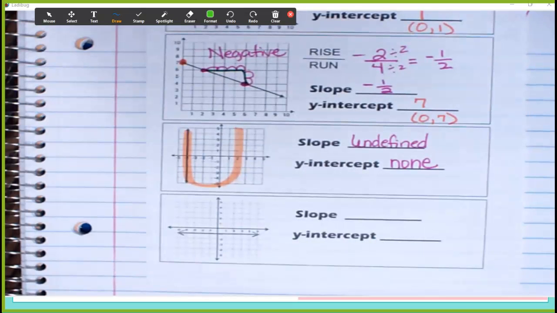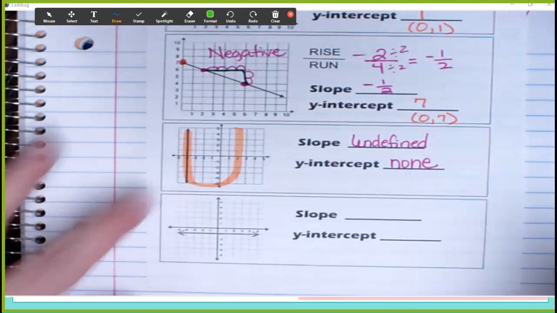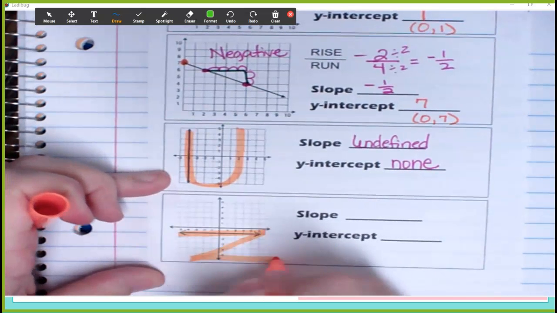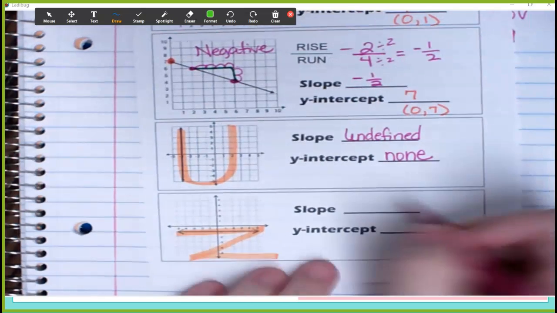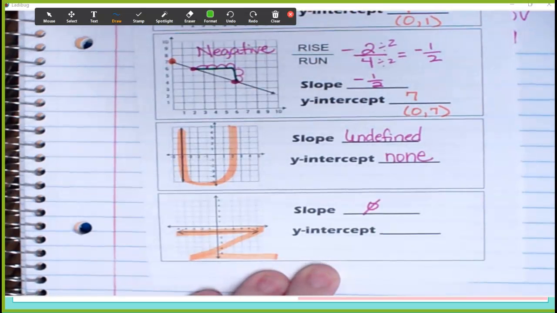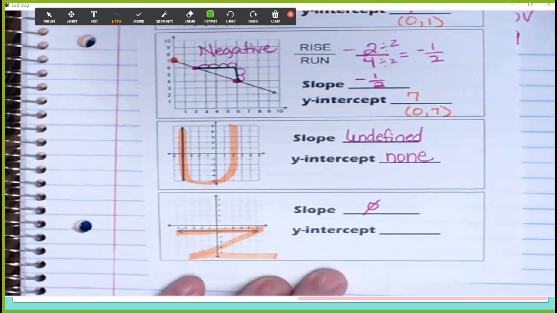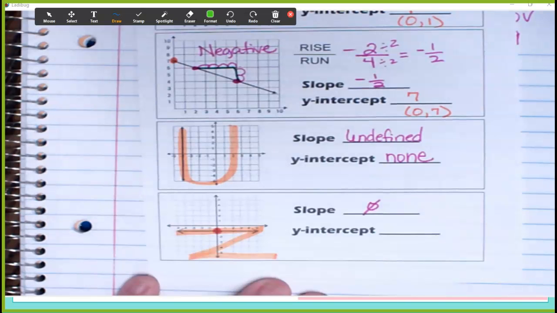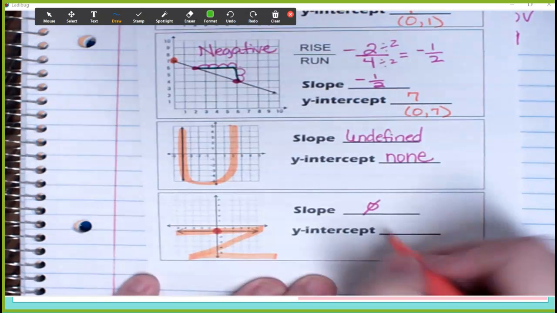All right, what about this one? 0. I can make the letter Z. So my slope is literally the number 0. But where does that line cross the Y-axis? -1.